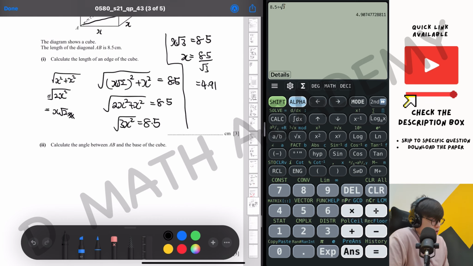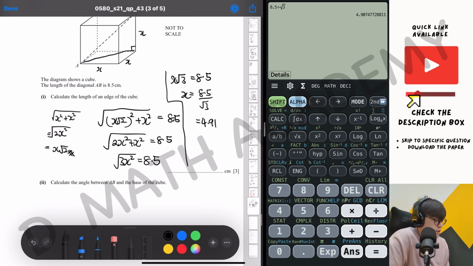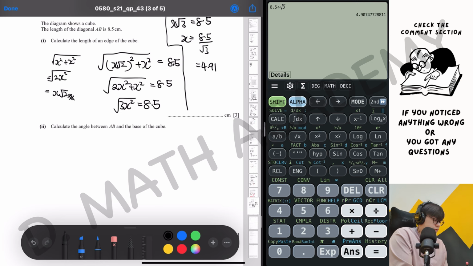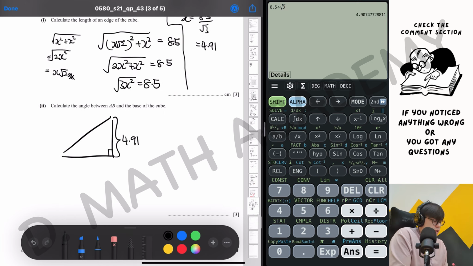As for calculating the angle between AB and the base, now that you have this, the x is now 4.91. The other one will be 4.91 times square root 2. You should be able to trace these as the opposite and adjacent.